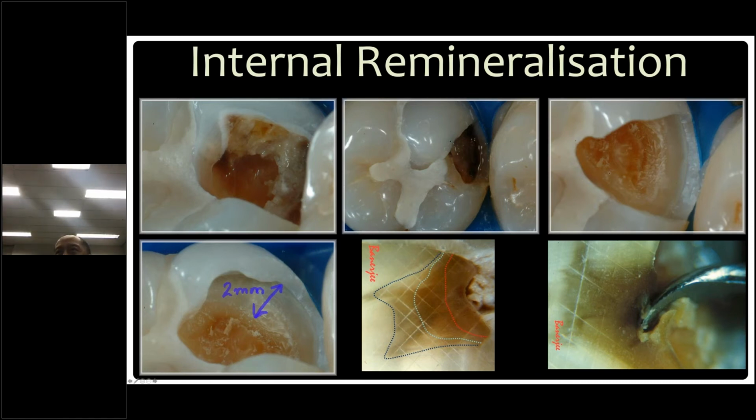We only remove the rest by hand instrumentation. Then in this case, I would restore it with resin, and I don't need the glass ionomer cement base because there's enamel right down at that gingival level. With the rubber dam, I can control moisture reliably in this case.